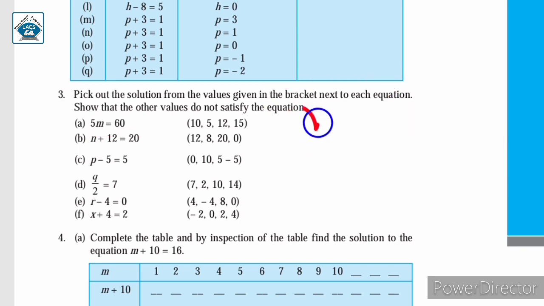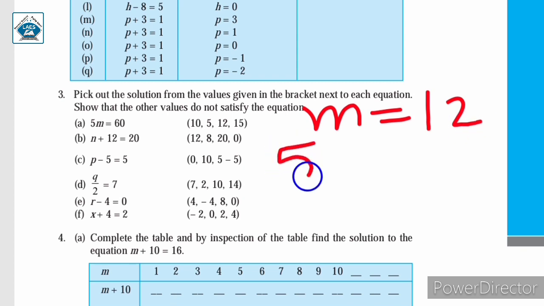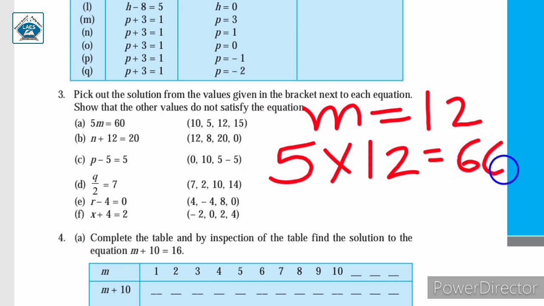Next, m is equal to 12. The next value is 12. Here, when we put m is equal to 12 in 5m, that is 5 multiplied by m, we get 5 multiplied by 12, and we know that 12 5s are 60, which is equal to right hand side, that is RHS.